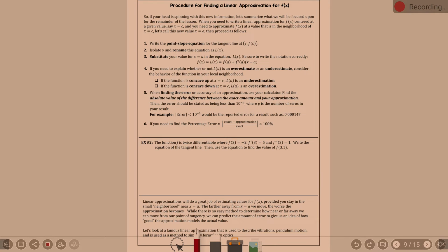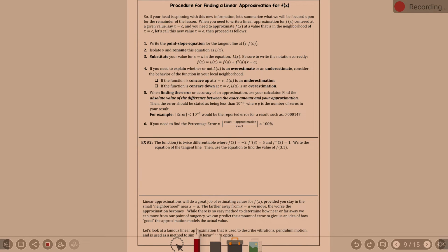No, on purpose. Now notice what it says here. If your head is spinning, I don't feel like a lot of that first page is brand new. It all relates to tangent line. It's kind of a different way to talk about tangent line. We are going to be asked to write a lot of linear approximations.